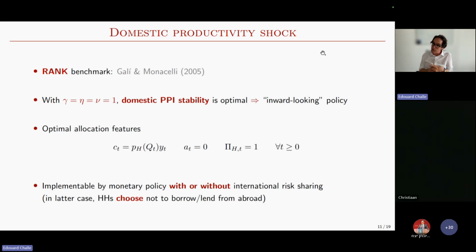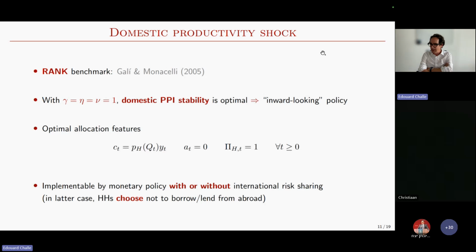So if you take their representative agent benchmark, what they show is that if you have the so-called Cole-Obstfeld elasticities, so unit elasticity of intertemporal substitution, and unit elasticities between foreign and home-produced goods in the consumption basket and across countries in the consumption basket, so if all these elasticities are equal to 1, then domestic producer price stability is optimal.